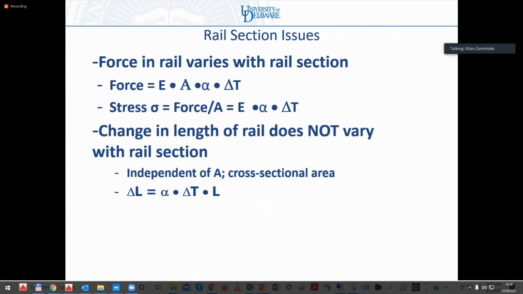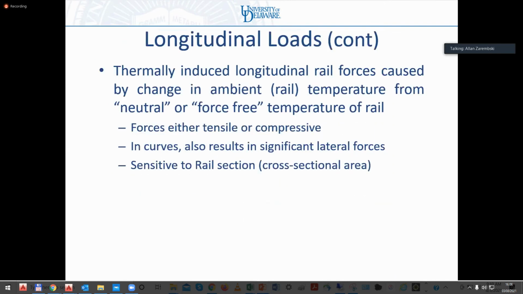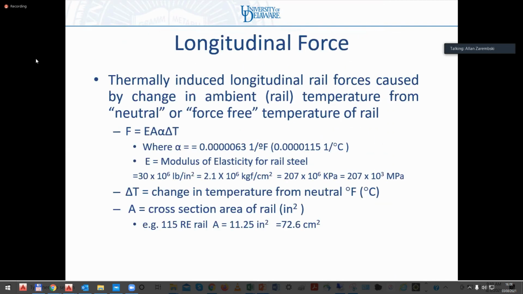Okay, so let's go back to the formula. E, the modulus of elasticity, is in megapascals or kilopascals, depending on which ones you want to use. The most commonly used value in the metric system is 207 times 10 to the cube megapascals. So that's the modulus of elasticity for rail steel.